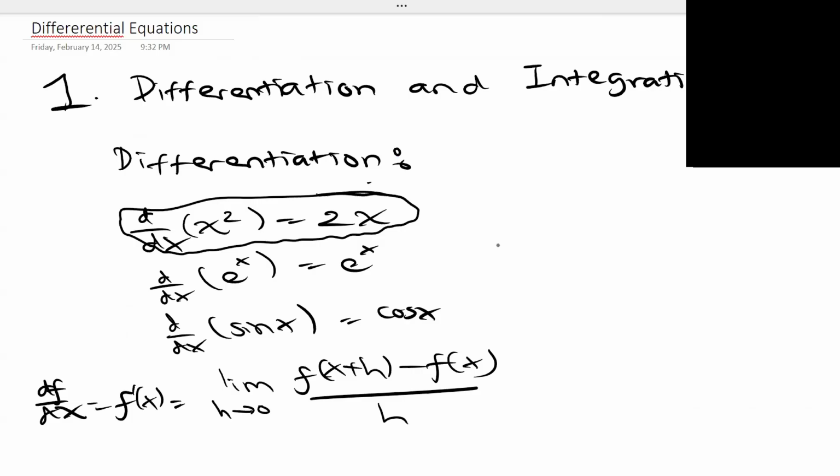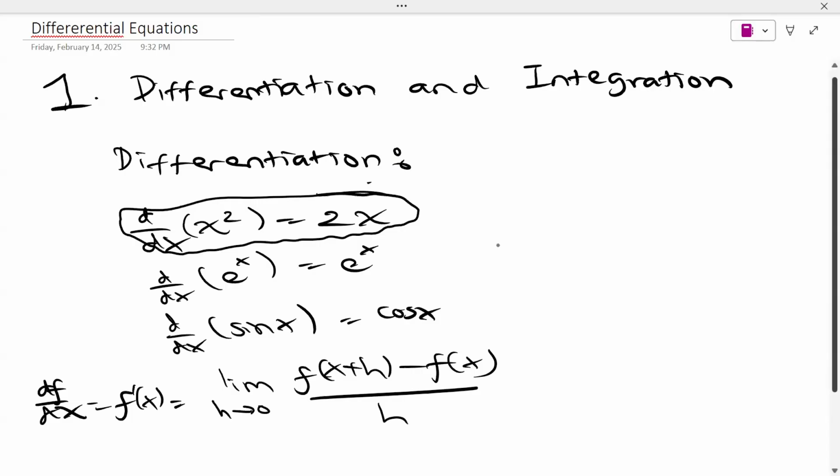As you can see here, one of the examples I gave was e to the x. So the derivative of e to the x is still e to the x.